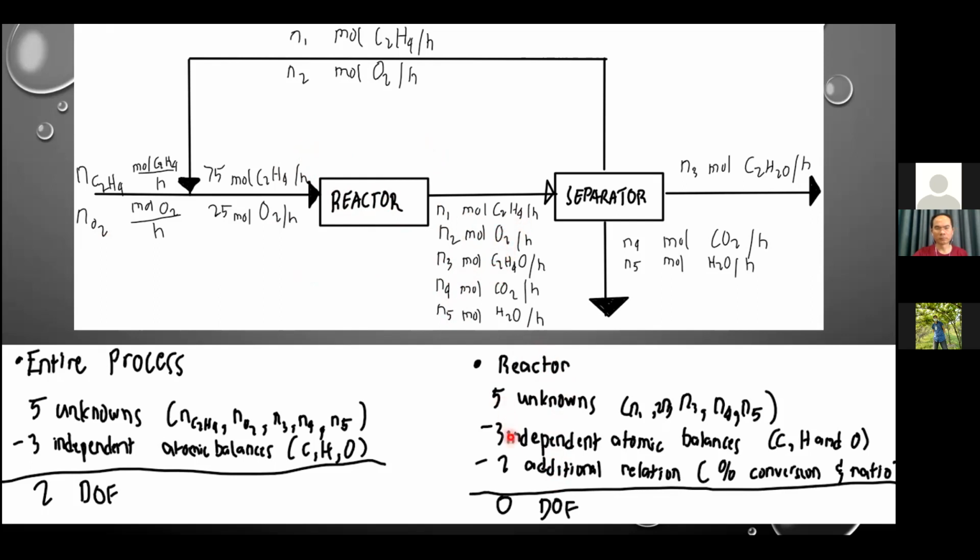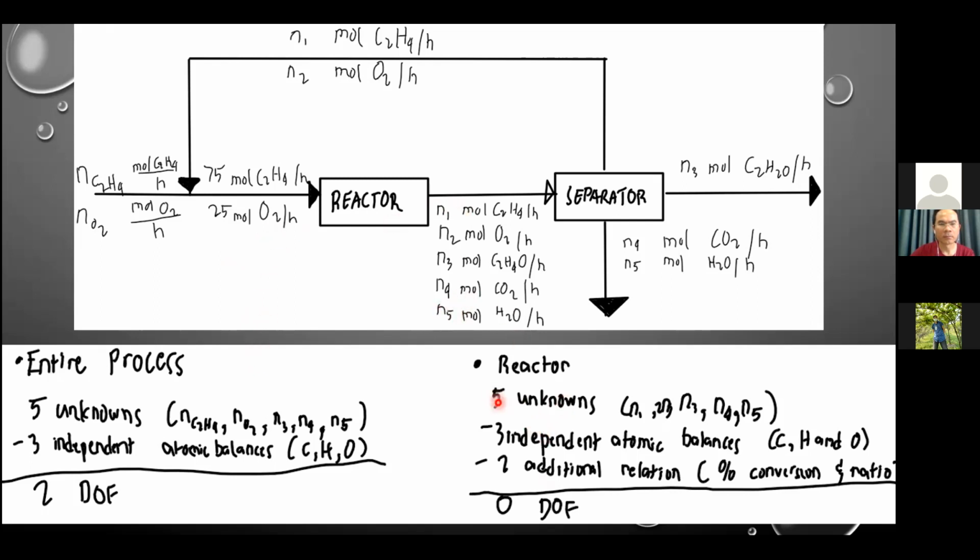And then there are 2 additional relations, which are the single pass conversion that is mentioned in the problem, and the ratio of 90 moles of ethylene oxide emerging in the reactor products.